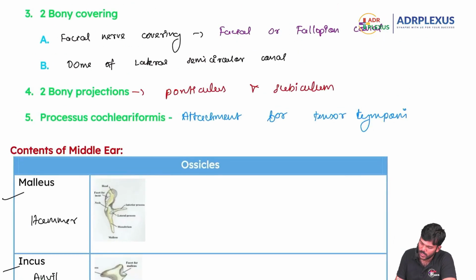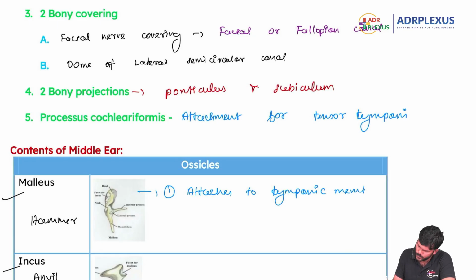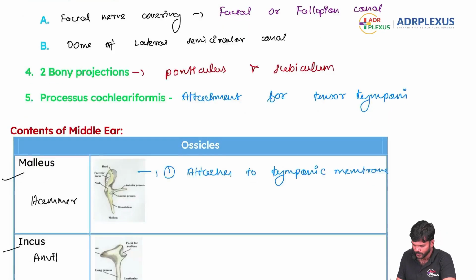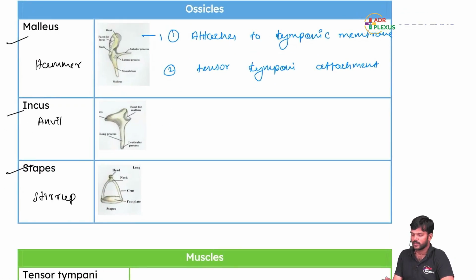The malleus attaches to the tympanic membrane. That is the first point. So the malleus has the tensor tympani attachment. The stapes, first we'll write down stapes, then the incus.